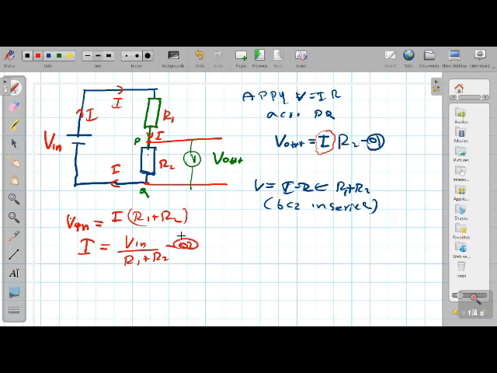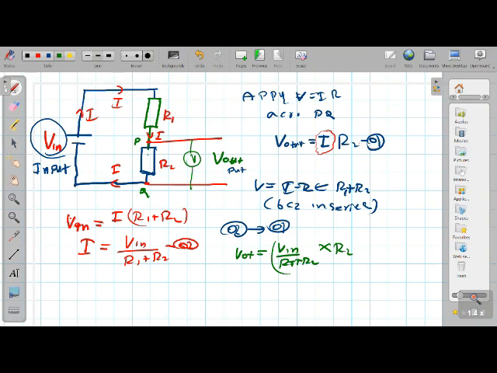Got the point? So V in means the voltage for the entire circuit, the input. This one is the output. Now I'm going to fit equation number 2 into equation number 1. So V out equals the I from here, V in over R1 plus R2, times R2.